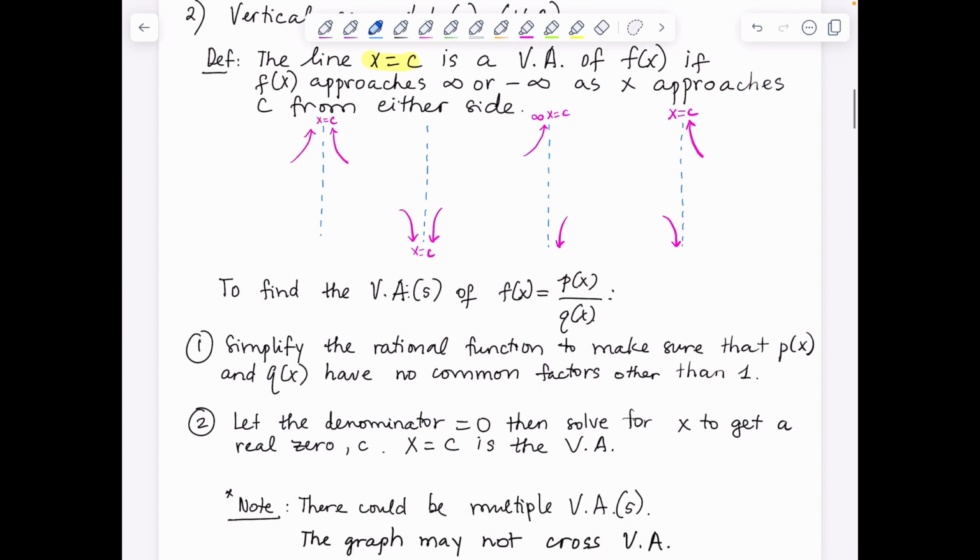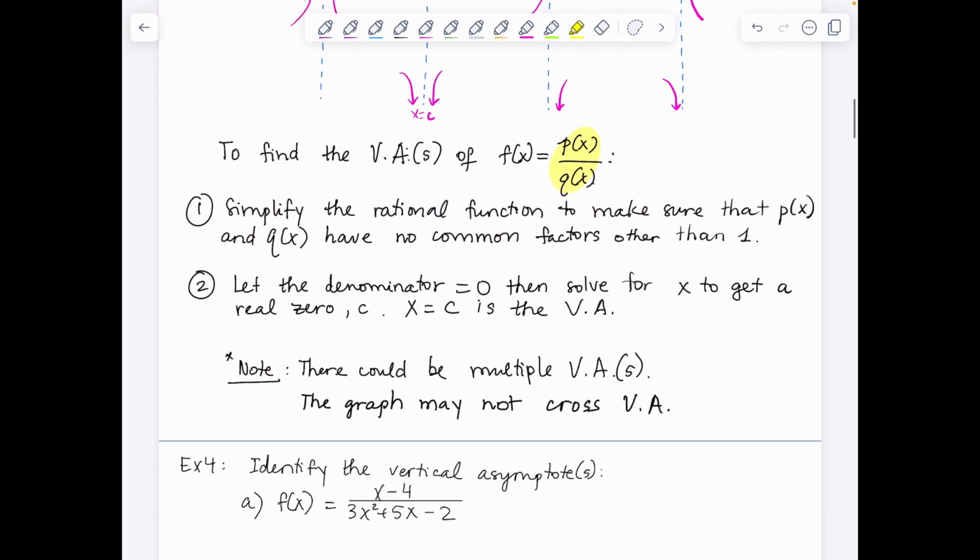To find the vertical asymptotes of a rational function p of x over q of x, we are going to do two steps. Step 1, simplify the rational function to make sure that p of x and q of x have no common factors other than 1. Step 2, let the denominator equal 0, then solve for x to get a real zero c.